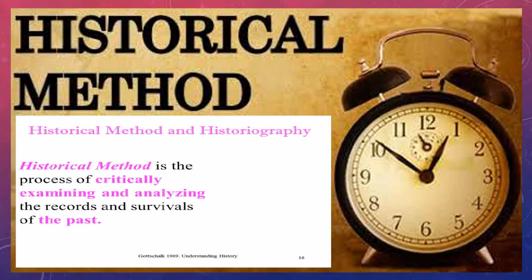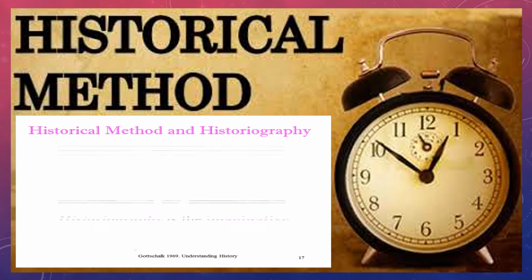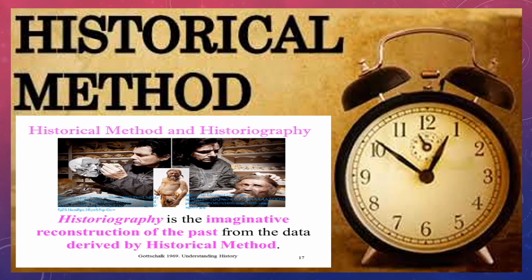This makes it very clear that the historical method is the process of critically examining and analyzing the records and survivals of the past. And historiography is the imaginative reconstruction of the past from the data derived by historical method.